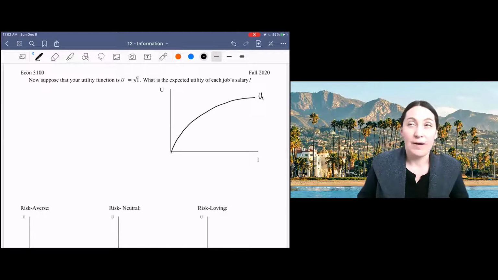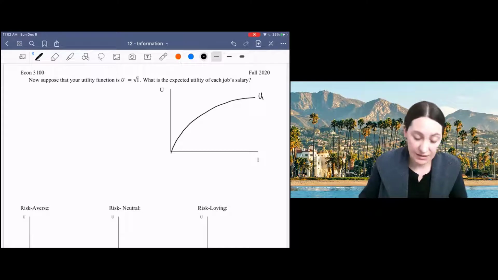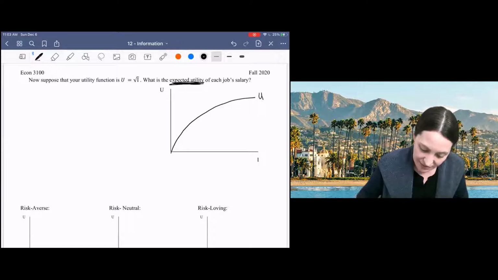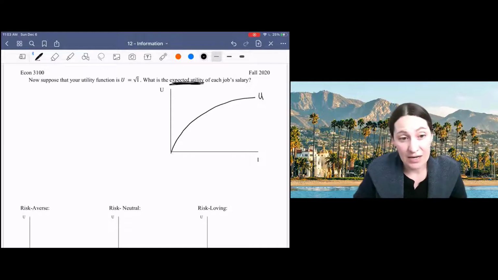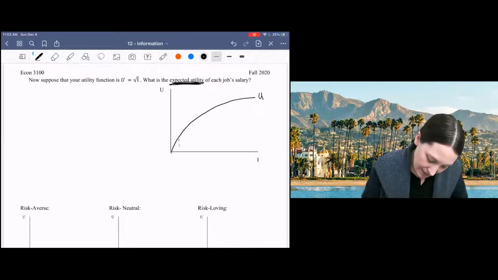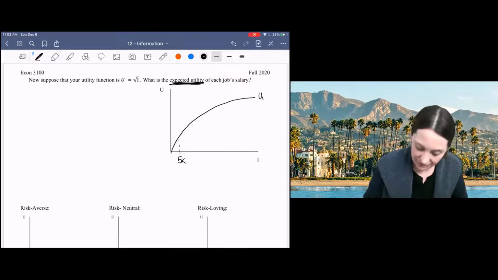Now we want to think about what is the expected utility of each job's salary. So now we're not thinking about expected value exactly, we're thinking about expected utility. So how is that different? Well, let's try to draw the lottery here on our graph. We could have an income of 5,000, which would give us some value of utility.